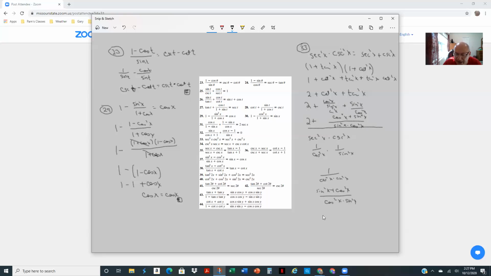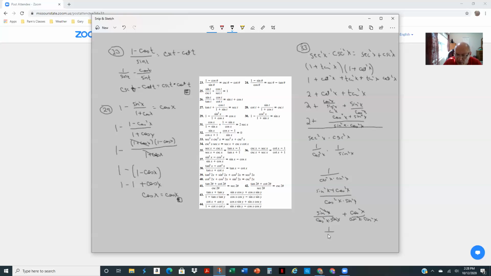Now break it up. That's going to be sine squared of x over cosine squared of x times the sine squared of x plus cosine squared of x over cosine squared of x times the sine squared of x. The sine squares cancel.